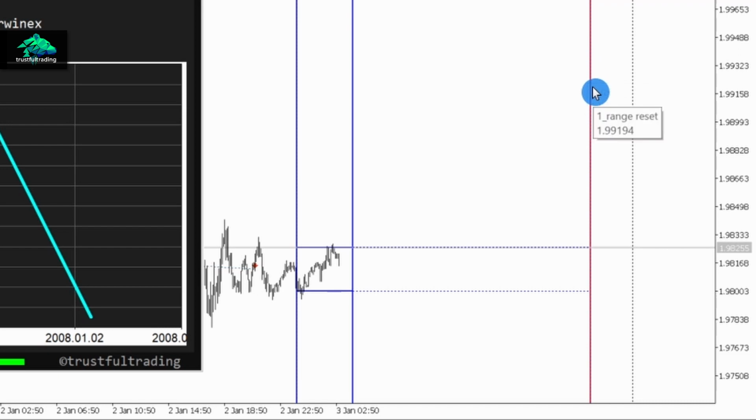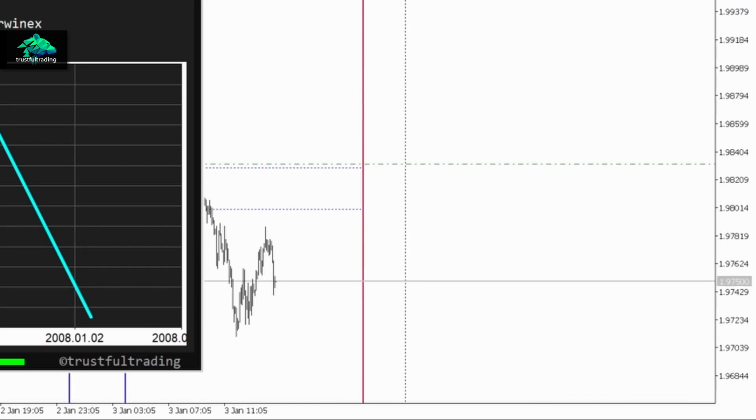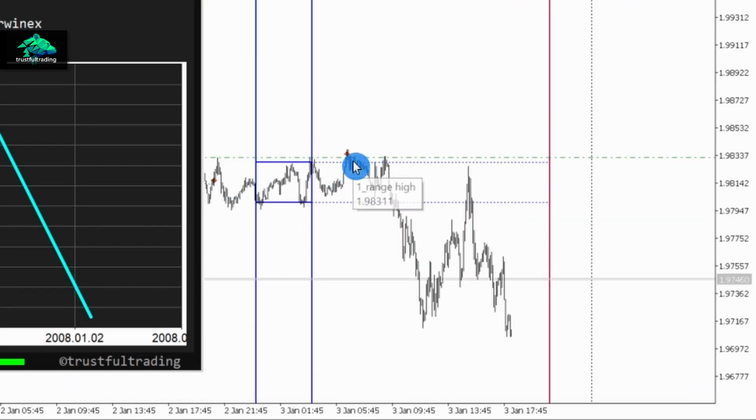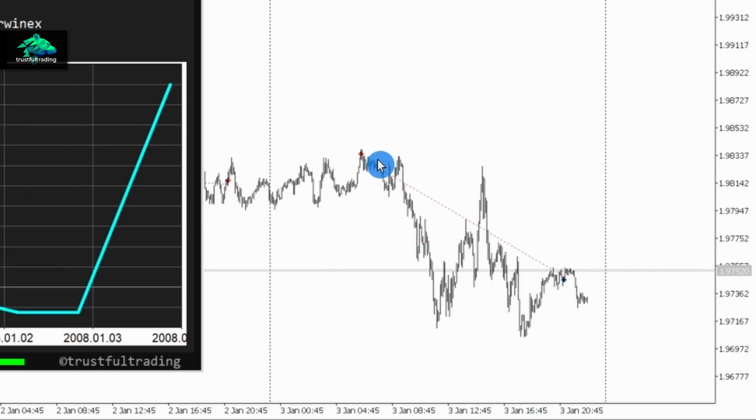And here is our time exit, so we will exit all positions at 9 p.m. Okay, so let's see. Okay, so we entered a short position here. And perfect, we closed the trade again in the evening.